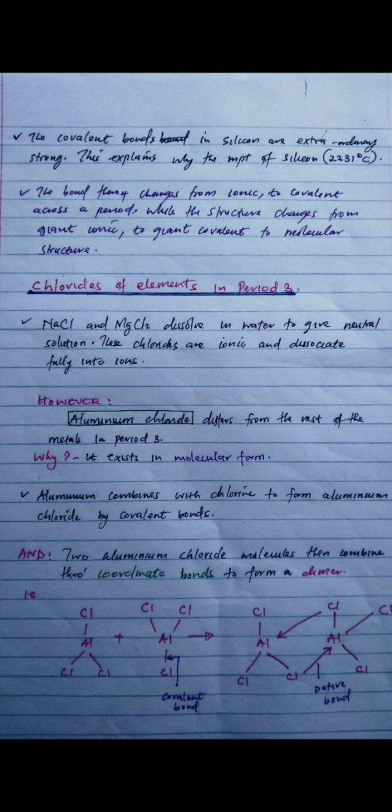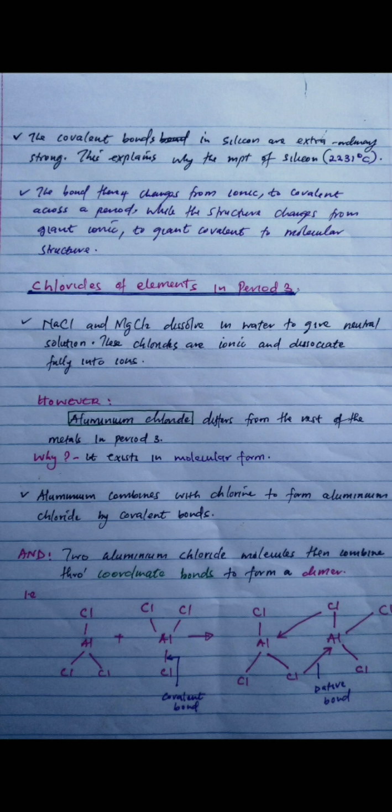Now when we come to chlorides of elements in period 3, we realize that sodium chloride and magnesium chloride dissolve in water to give a neutral solution, and these chlorides are ionic and dissociate fully into ions. However, aluminium chloride differs from the rest of the metals in period 3. Why is it so?